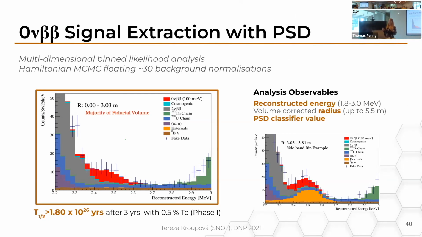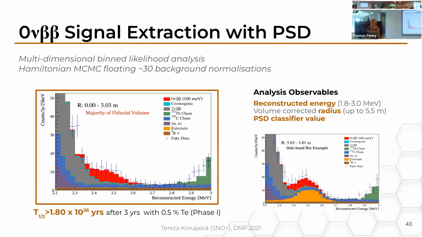So you can translate it as the prediction I've given you for the counting analysis using the simple formula, but you can also do better by feeding this into something like a likelihood analysis. What we do is perform a multi-dimensional Markov chain Monte Carlo analysis, which is based, of course, in reconstructed energy, but now you can extend the ROI a little bit further, which helps you constrain some of the sidebands of the additional backgrounds.